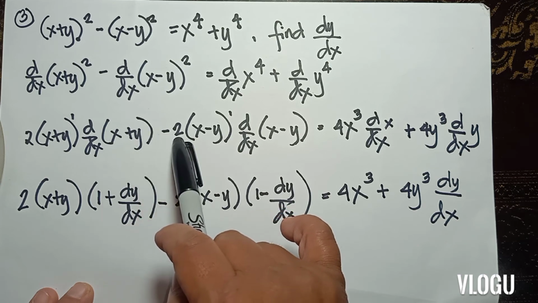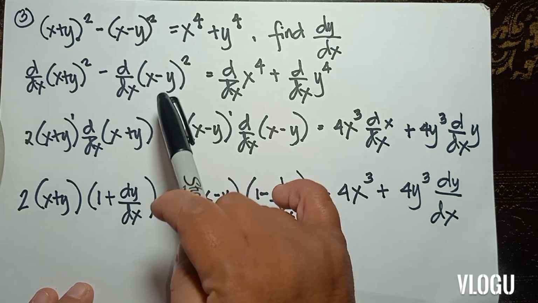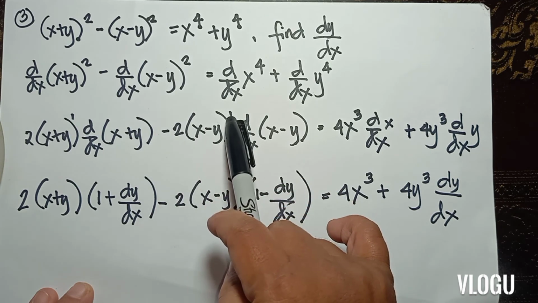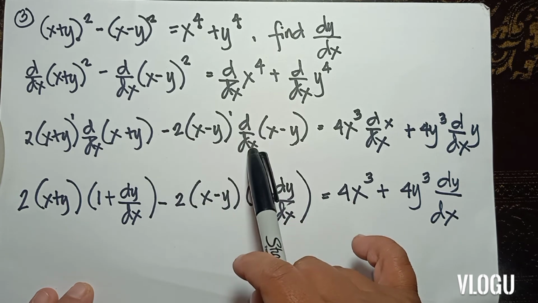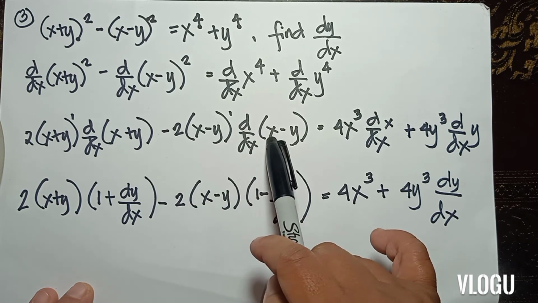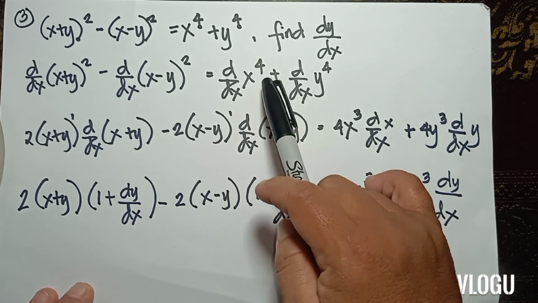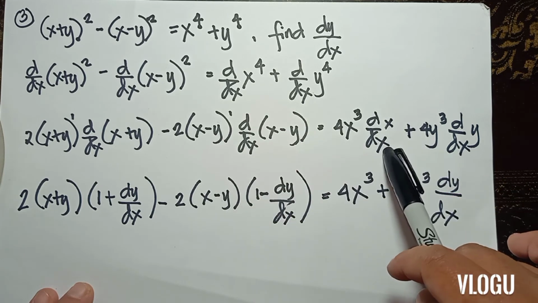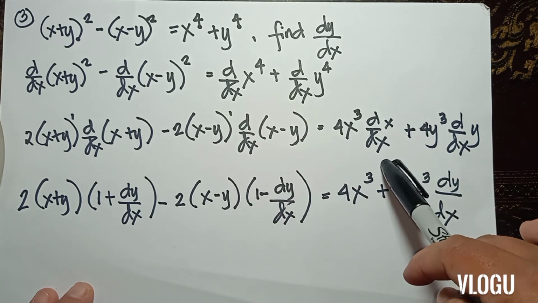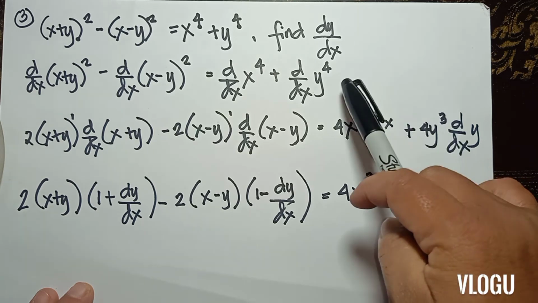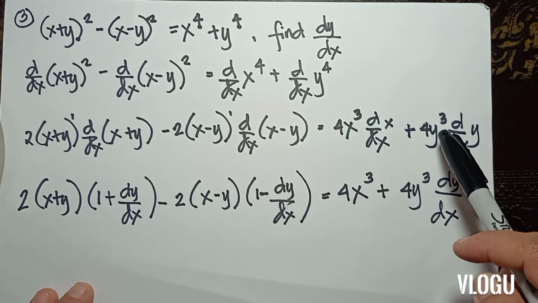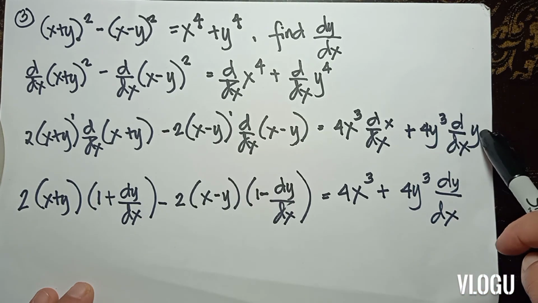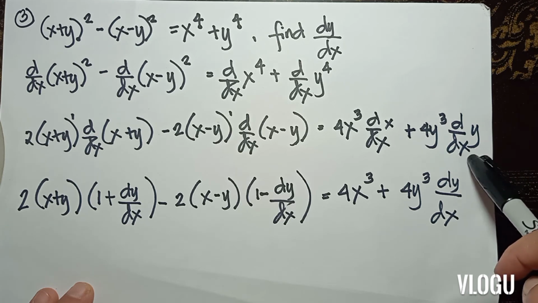Then minus 2(x minus y), 2 minus 1, that's the reason we have 1 here, and the derivative without the exponent, (x minus y), is equal to the derivative of x to the fourth, that is 4x cubed, times the derivative of x without the exponent, so you will have dx over dx, plus the derivative of y to the fourth, which is 4y cubed times the derivative of y without the exponent over dx.